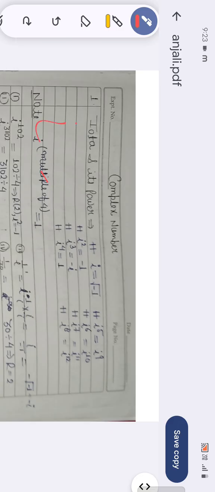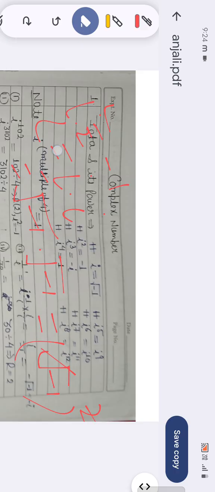Iota square is equal to iota multiplied by iota, which is root of minus 1 whole to the power 2. The square and root cancel, so the value of iota square will be minus 1.